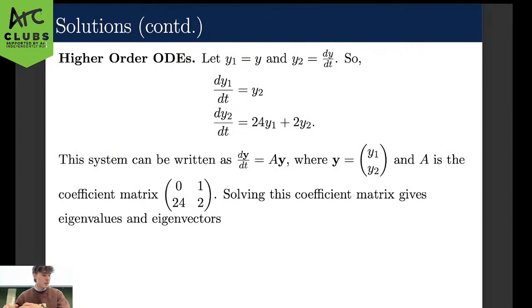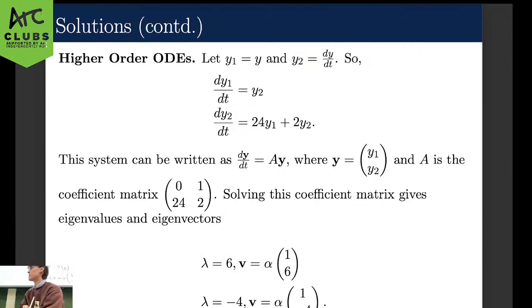Now, actually solving this coefficient matrix for the eigenvalues and the corresponding eigenvectors gives us lambda equals 6 corresponds to the eigenvector (1, 6), and lambda equals -4 corresponds to the eigenvector (1, -4).